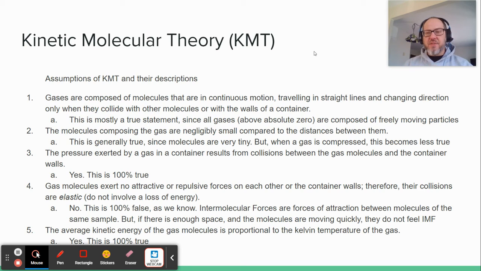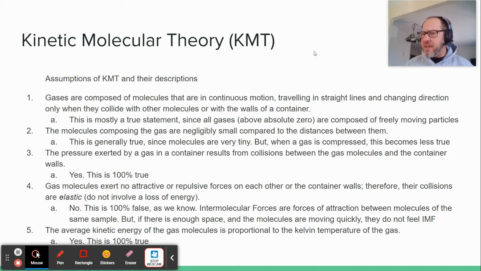An absolutely false assumption. However, when a gas is at a high enough temperature, the particles have enough kinetic energy that they're not worried about the potential energy interactions of attraction between the particles. Plus, when they have a lot of space in between the particles, they don't feel these attractive forces very much.